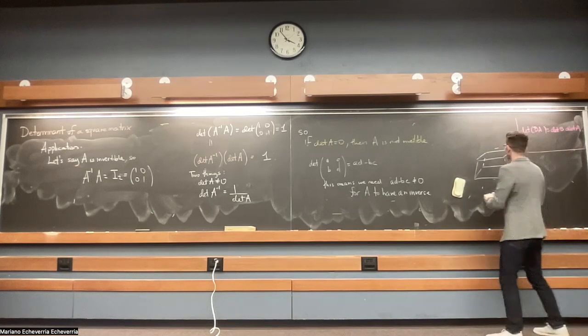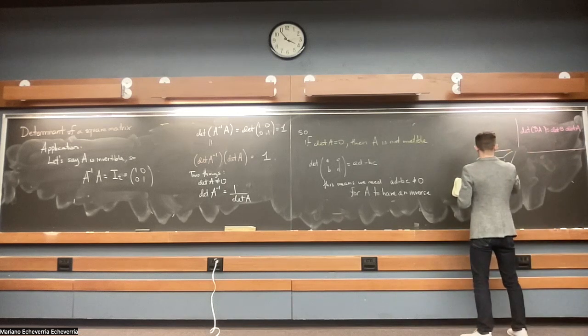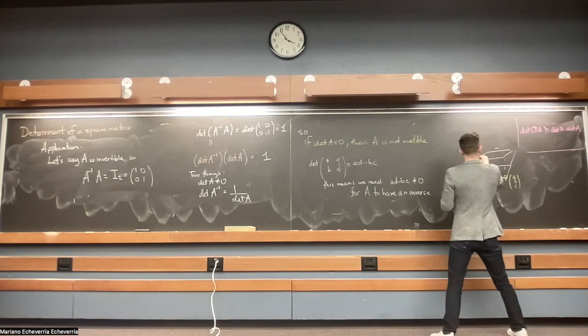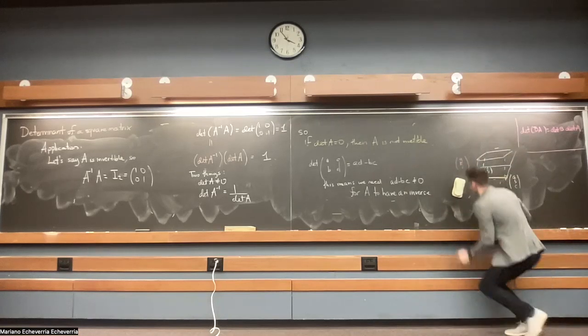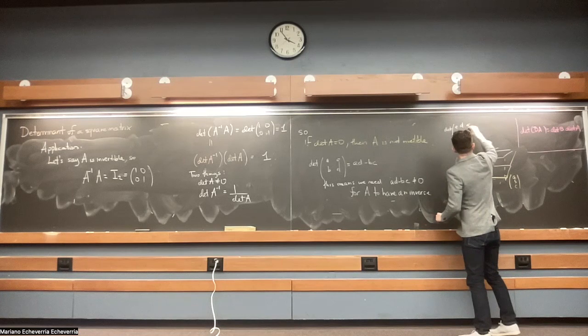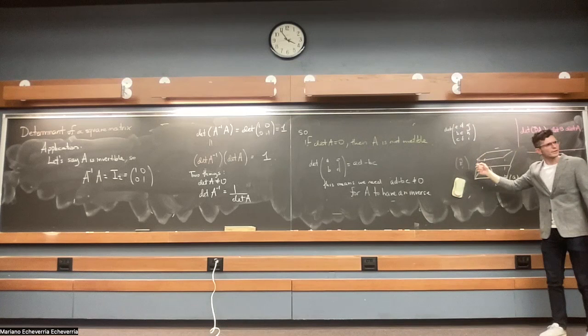So one vector is A, B, C. The other is D, E, F. And then the last one is G, H, I. And so the determinant of the matrix A, B, C, D, E, F, G, H, I would be the volume of this parallelepiped.